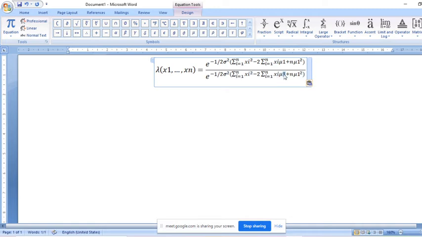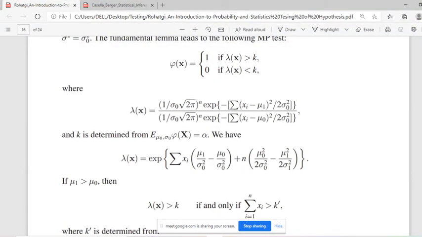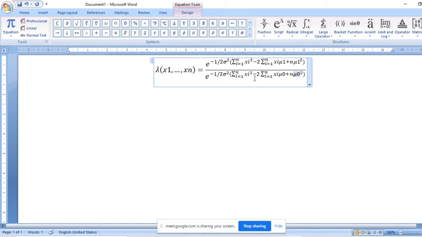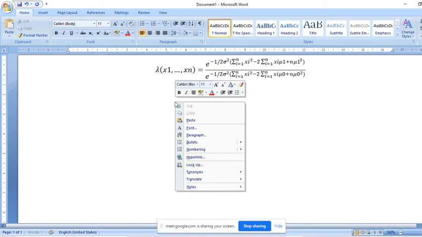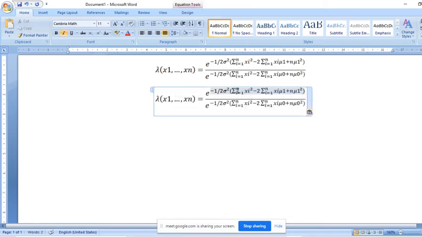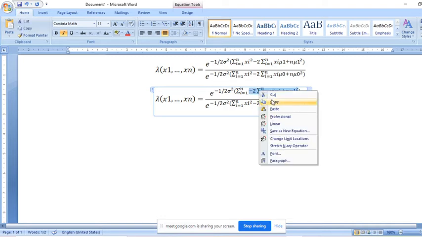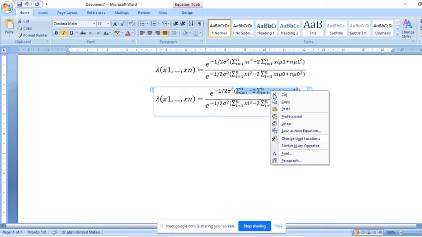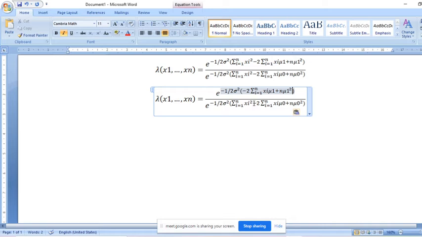and here we can use mu naught. That is the step we have used there, and you can see that we can cancel terms. What will be the remaining term?